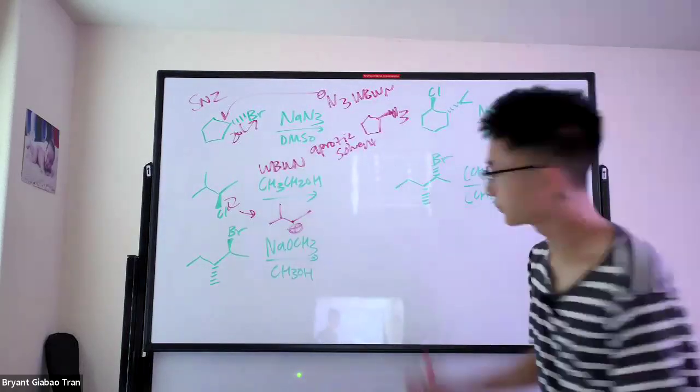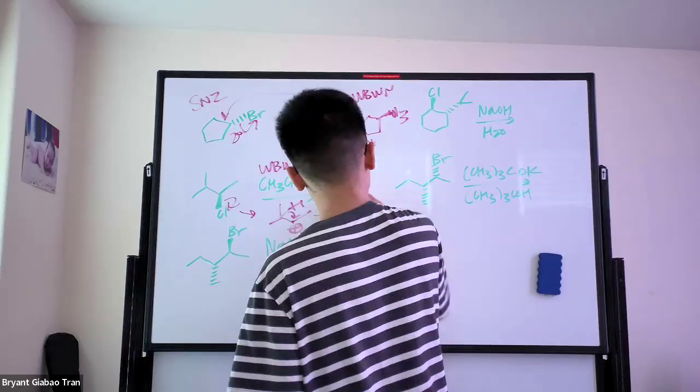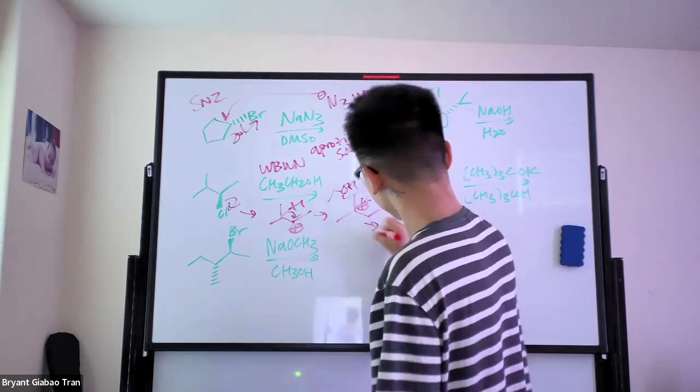Okay, the next one is a weak base, weak nucleophile. So you would have to make the Cl leave first to make a cation, and then you do rearrangement because you could have a more stable cation by doing a hydride shift. And then from there, you would have the alcohol attack the carbocation.